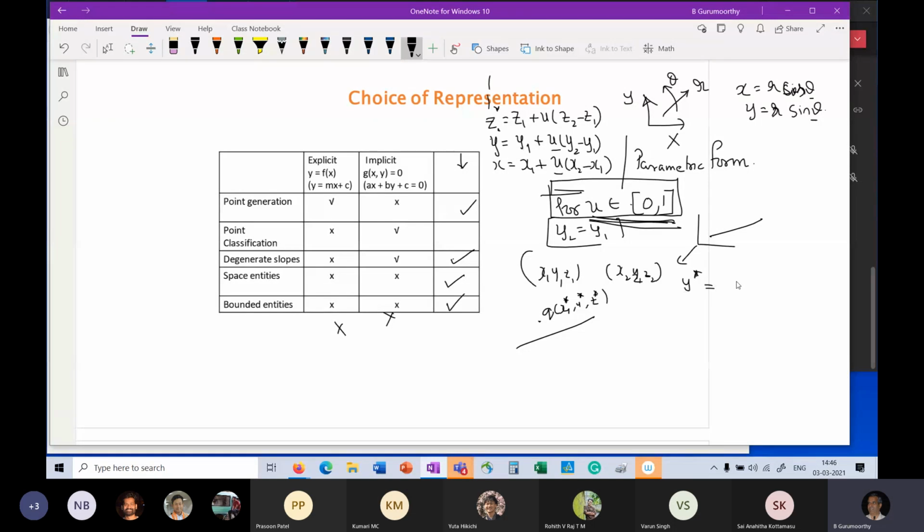Y star equals y1 plus u into y2 minus y1, and x star equals x1 plus u into x2 minus x1. Correct. So you will solve this, you will get a value of u star. You will solve this, you will get a value of u star, and hopefully the two are the same, and you're done. I presume that's your proposal, right? That's one, yeah. Okay, good.